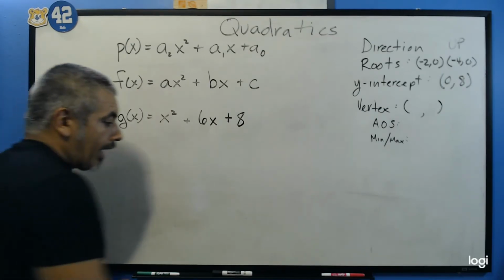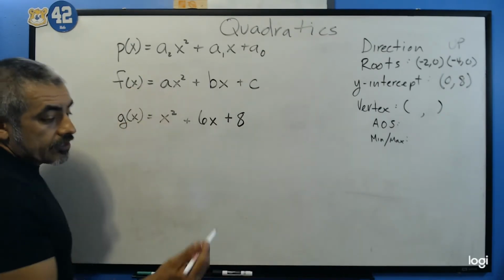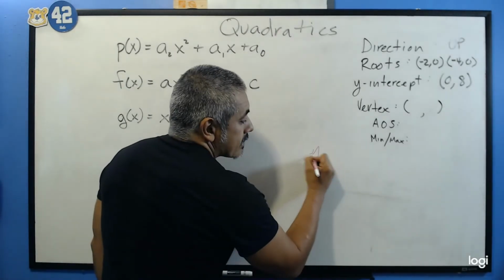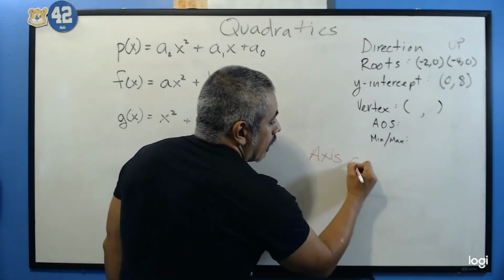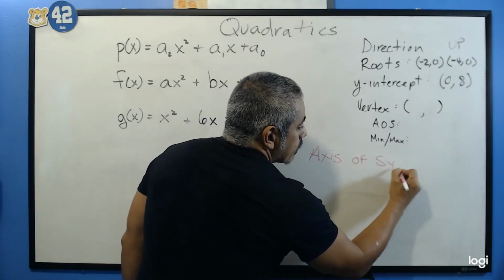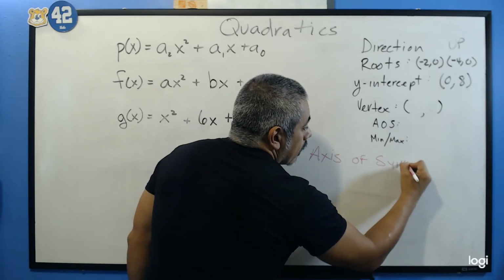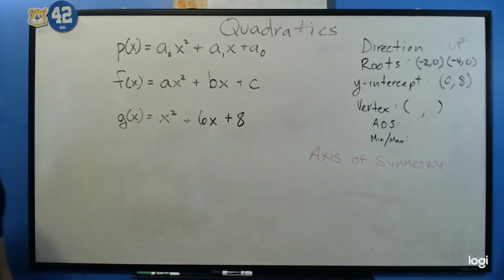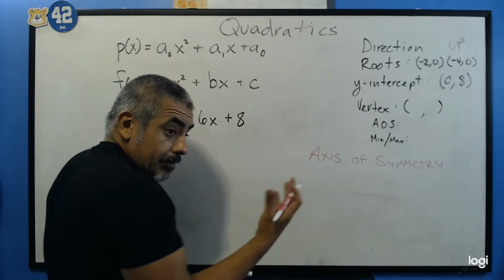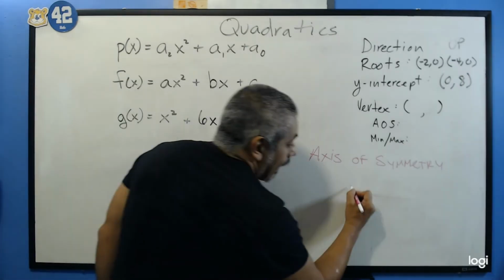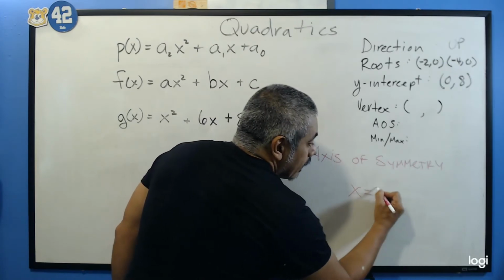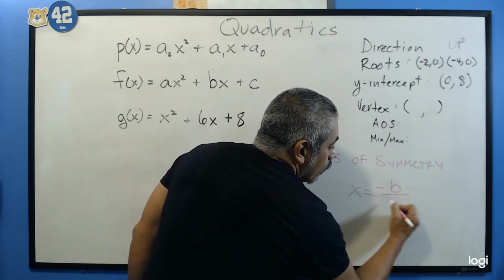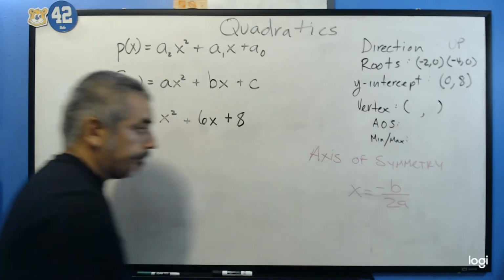And our axis of symmetry is found using this formula. So I'm going to put it right here, axis of symmetry. Wow, I can't spell. Okay, axis of symmetry. And the formula is simply, it's going to be an x value, and it's going to be x equals negative b over 2a.